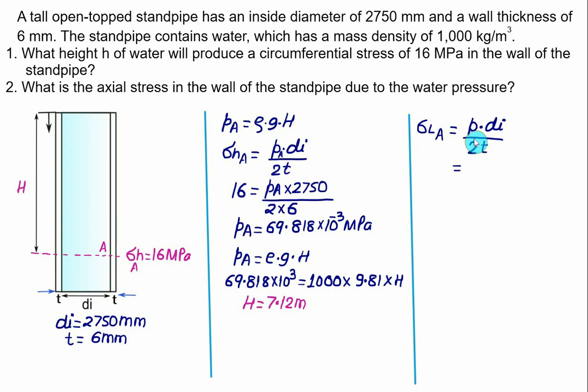Pressure you have to take in this equation in megapascal, 69.818 into 10 to the power minus 3 megapascal. Diameter is 2750 divided by 2 times the thickness. Thickness is equal to 6. Approximately this value is 16 megapascal. But they will ask you what is the axial stress at the top, that will be equal to 0.